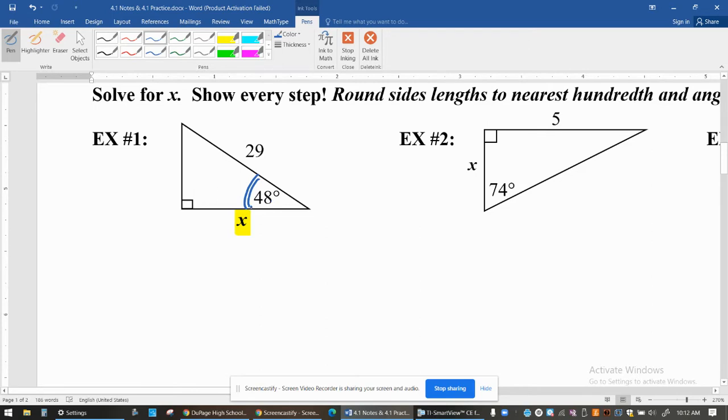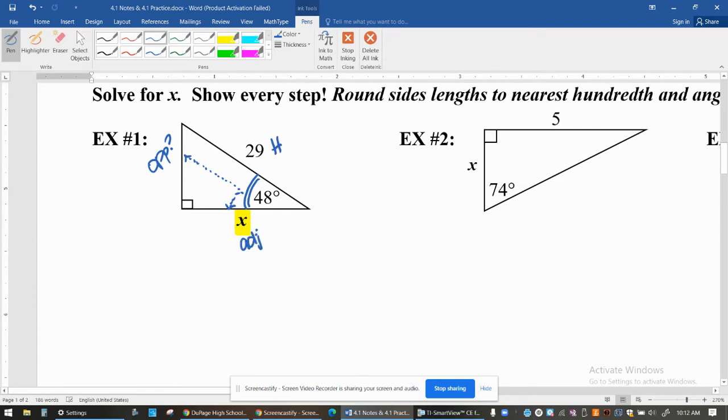Compared to this angle, I've got the hypotenuse, right? The hypotenuse is always across from the 90 degrees. I do not have the opposite side. The opposite side is missing, we don't know what it is. Remember, opposite is across from. But we do have a label for x for the adjacent.